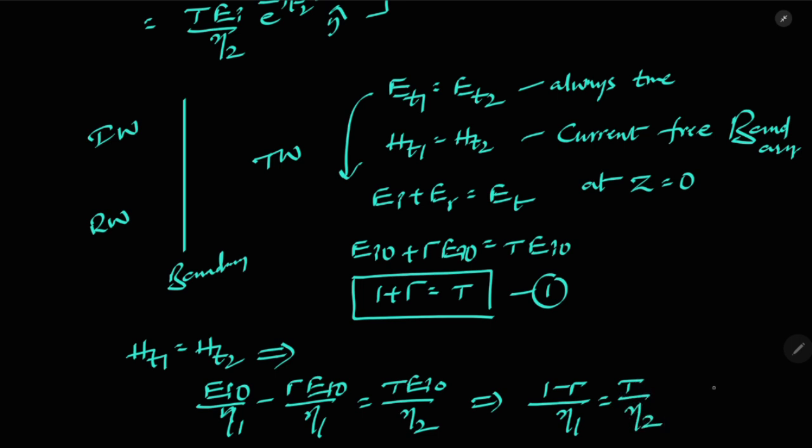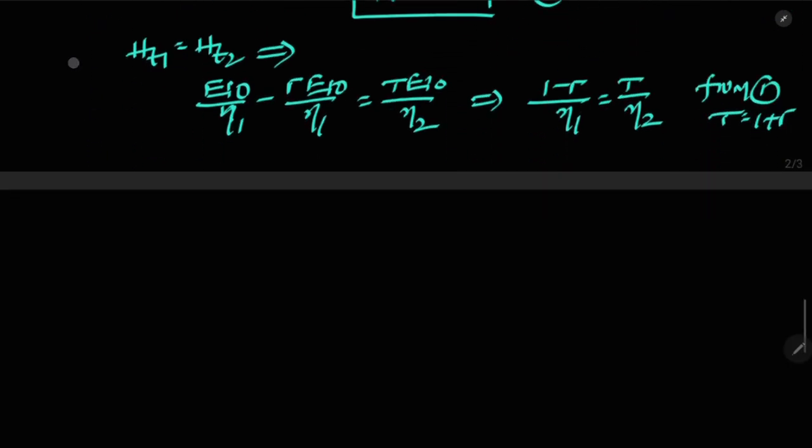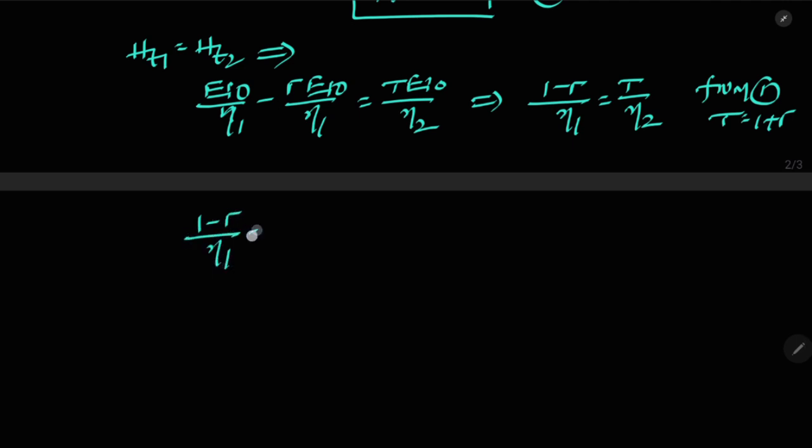Now from equation 1, tau is equal to 1 plus gamma. You can substitute that one. So what will you get? 1 minus gamma by eta 1 is equal to 1 plus gamma by eta 2.